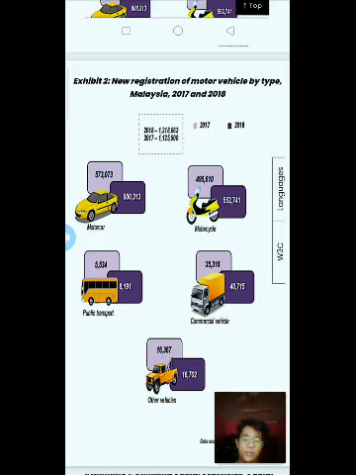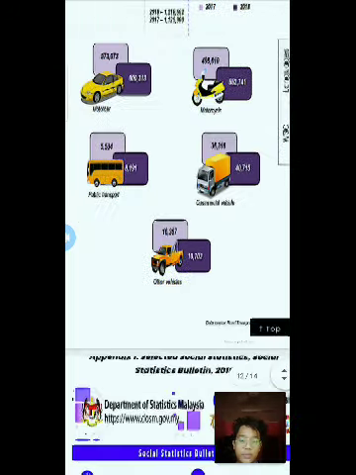In 2018 they are 40,795. Other vehicles are 19,367, and in 2018 it's a little bit lower. Maybe it's just other vehicles that we don't commonly see on the street.